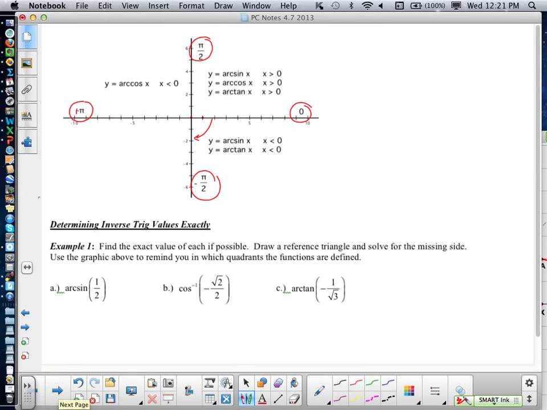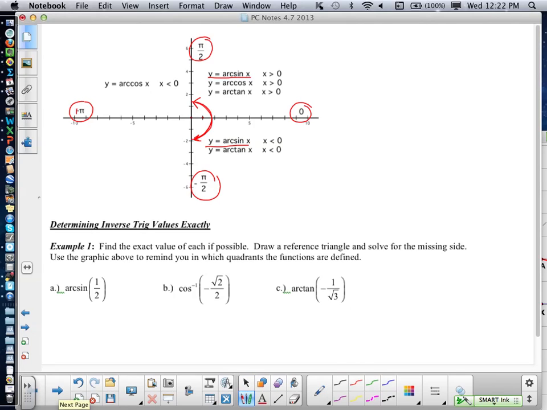And so I told you that the restrictions on the inverse sine function were from negative pi over 2 to positive pi over 2. So that's why arcsine is listed in those two quadrants. So this is a nice little graphic to help you remember where the inverse trig functions are defined.